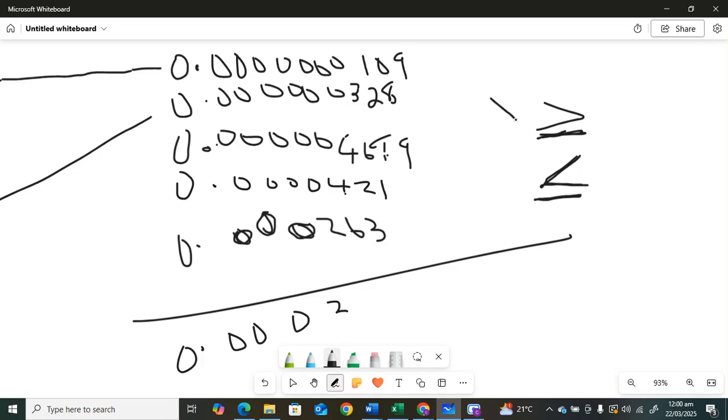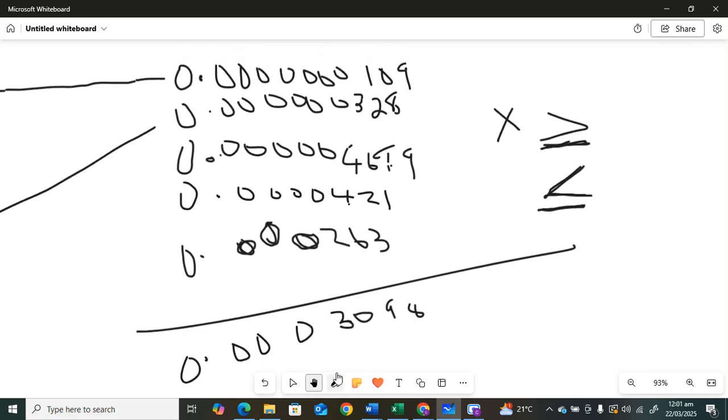So, yes. 3098. What about this number which had how many? Eight zeros here. Then the numbers have to continue. 8427, like this.